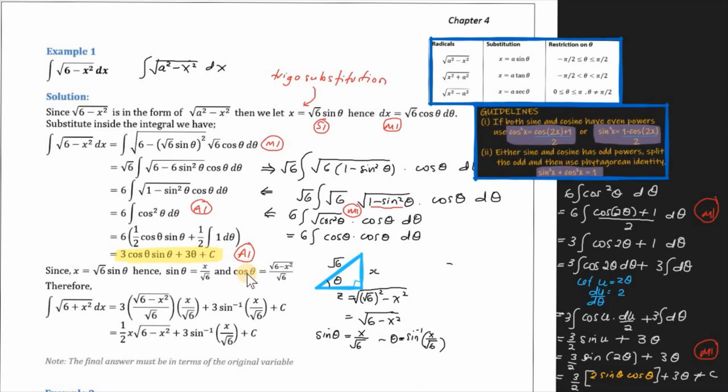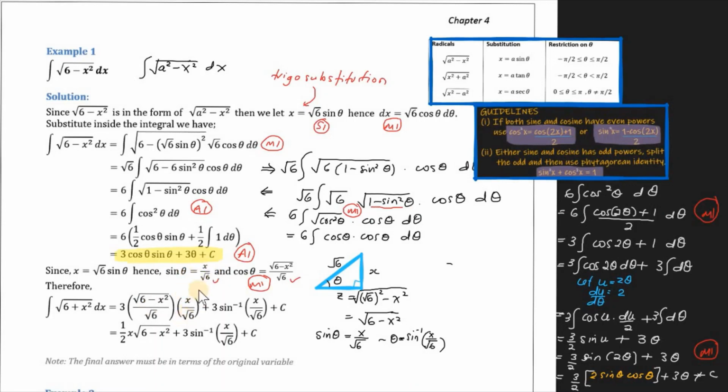So definition of a cosine is adjacent, this 6 minus x square square root over the hypotenuse. Right, so you have to get this one first correctly. M1, you are applying Pythagoras theorem there. And then after that, then you will replace your answer in terms of the x. Okay, fill up the values of cosine theta. This is cosine theta.